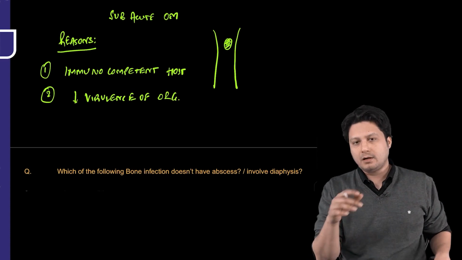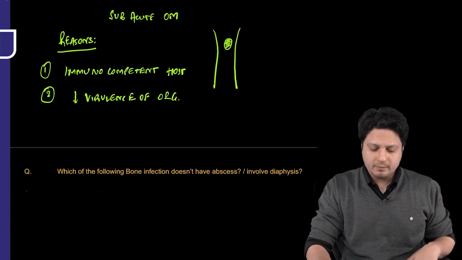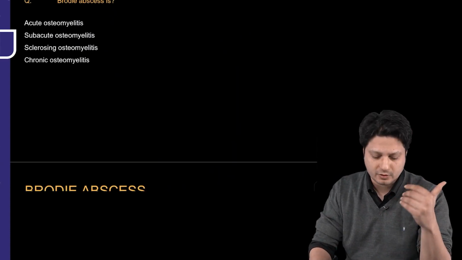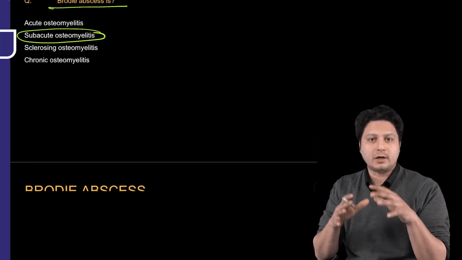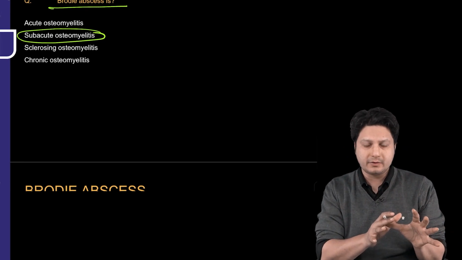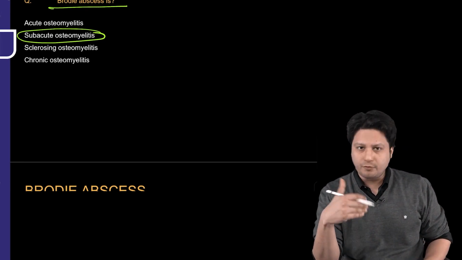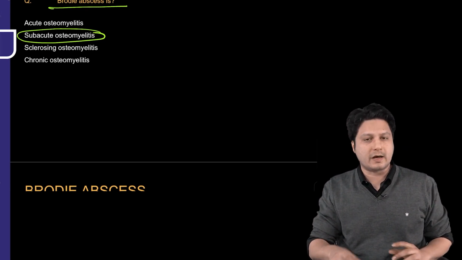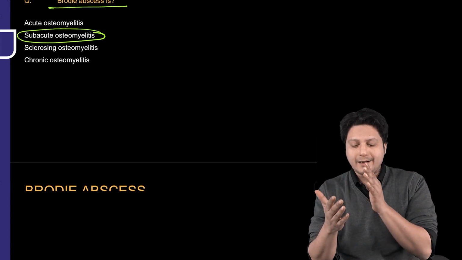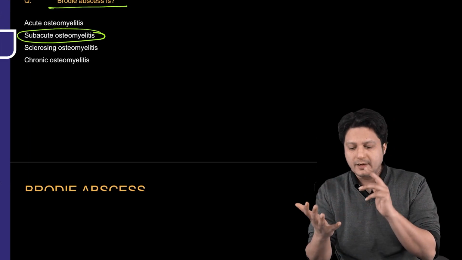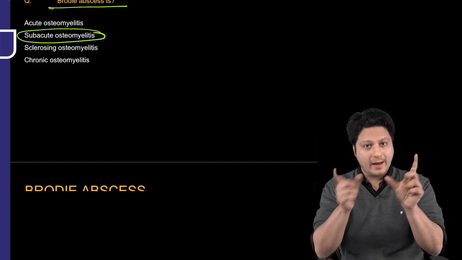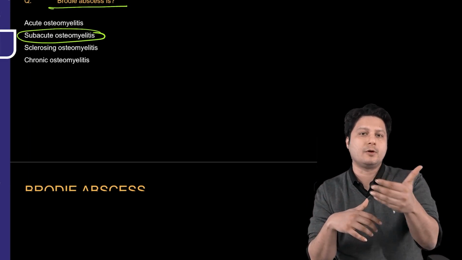But you know what the controversial question related to this is? Now even you can answer the question, what is Brody abscess? It is subacute osteomyelitis. But the controversy attached to this is that in the 2014 AIIMS examination, this question was asked, Brody abscess is, and instead of subacute, in the options we had acute, chronic, acute on chronic and sclerosing osteomyelitis.